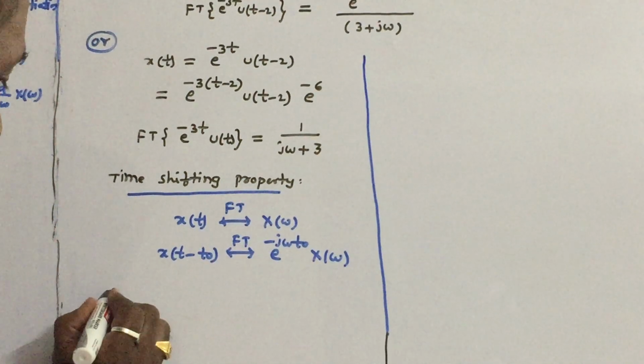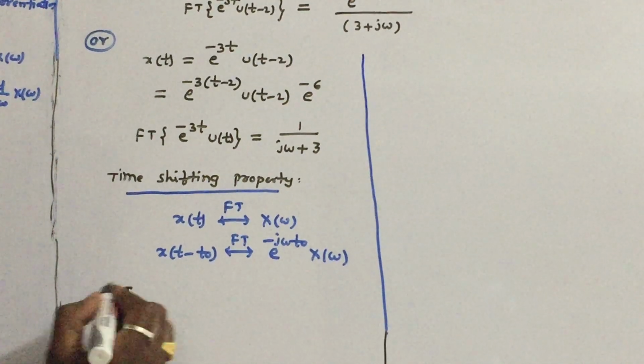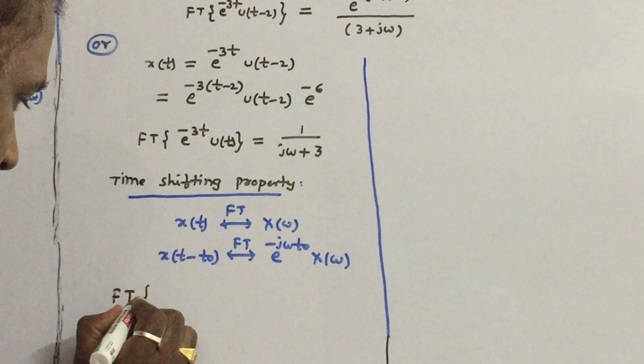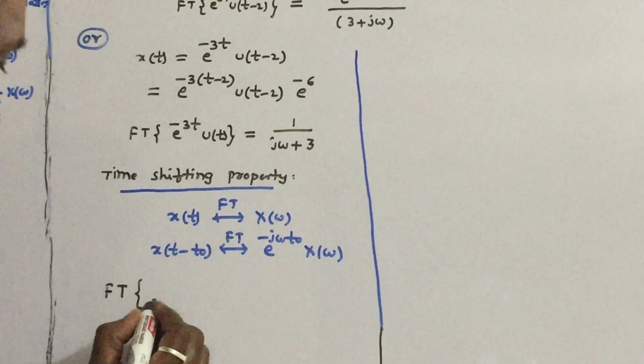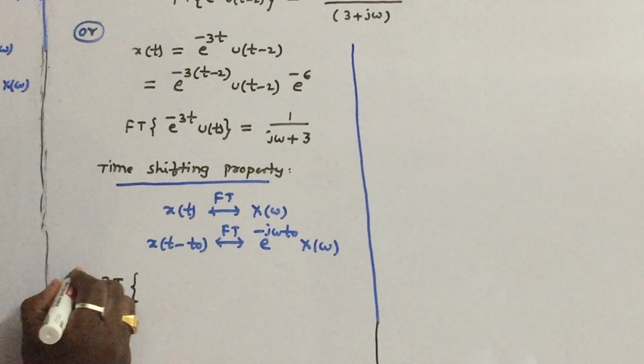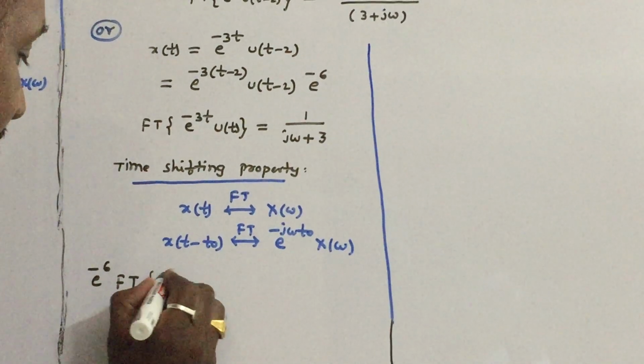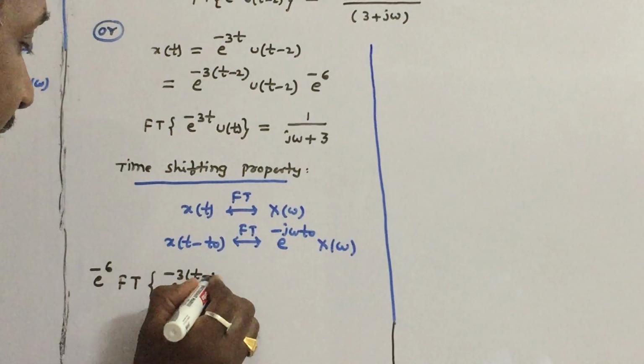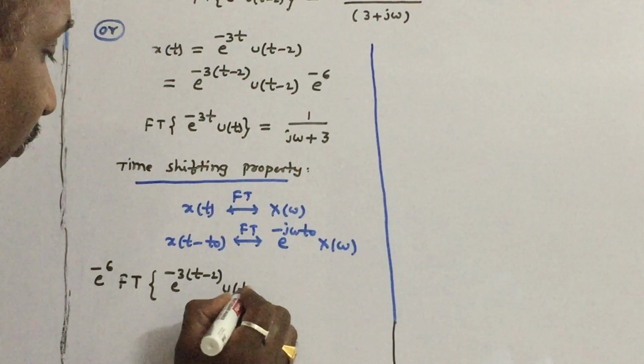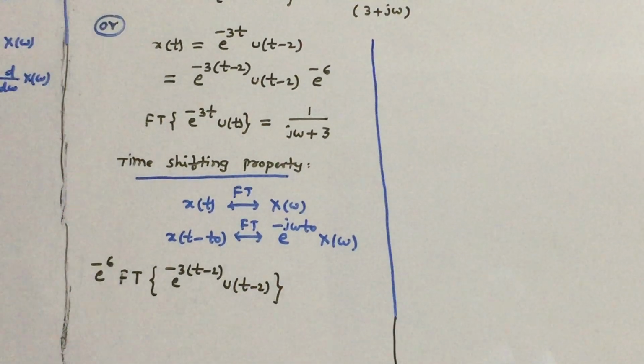So what we want to find out is the Fourier transform of the signal, e power minus 6, just keep e power minus 6 outside because it is a constant, e power of minus 3 into t minus 2 into u of t minus 2.